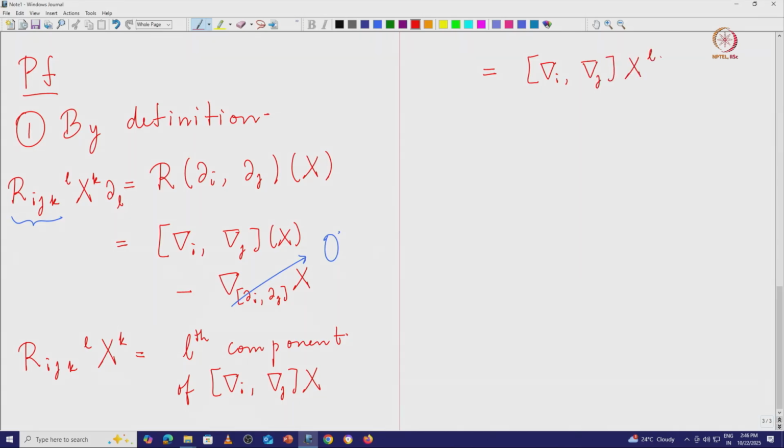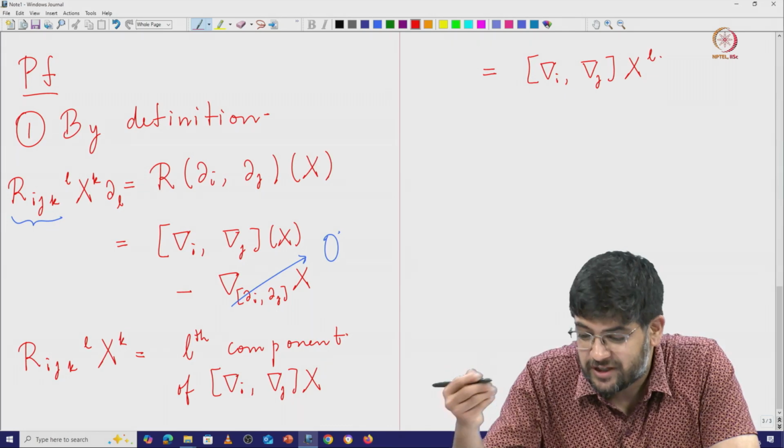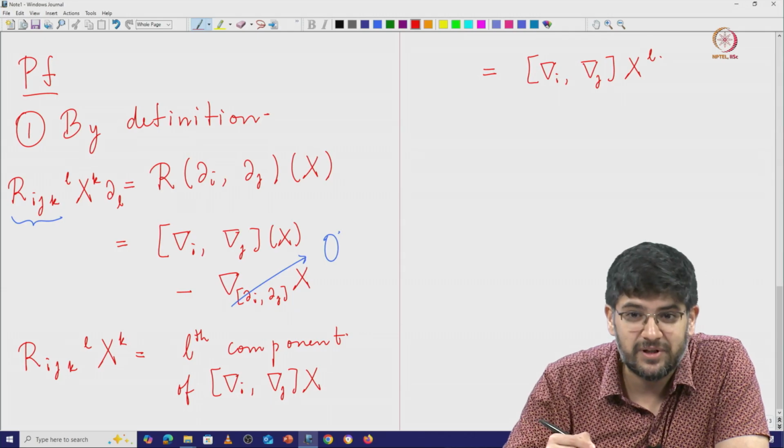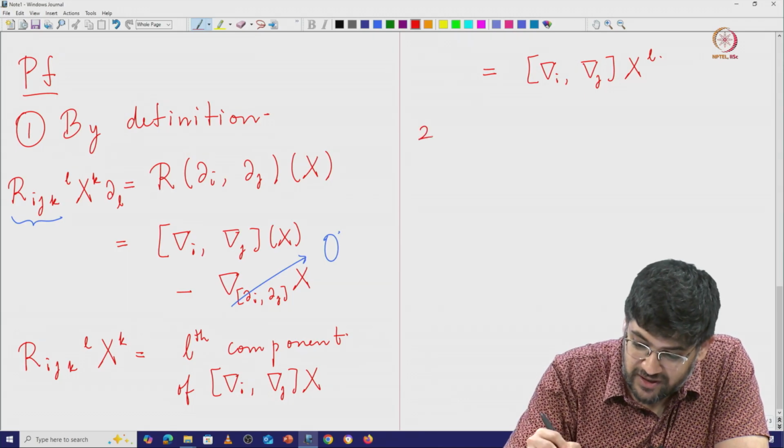By notation, this is the lth component of the commutator applied to X, and so then we have what we had claimed in the first part of the proposition.